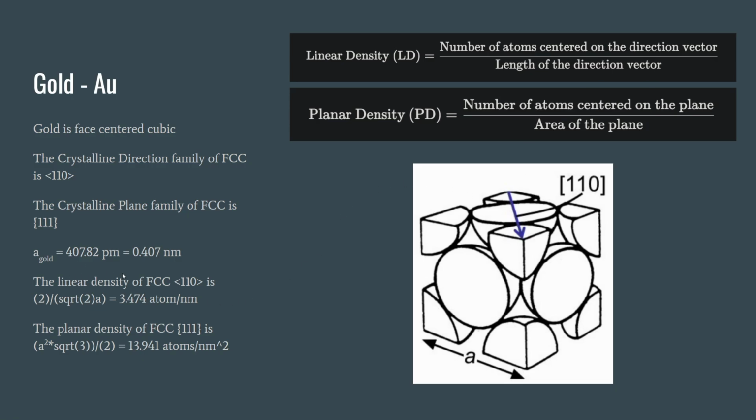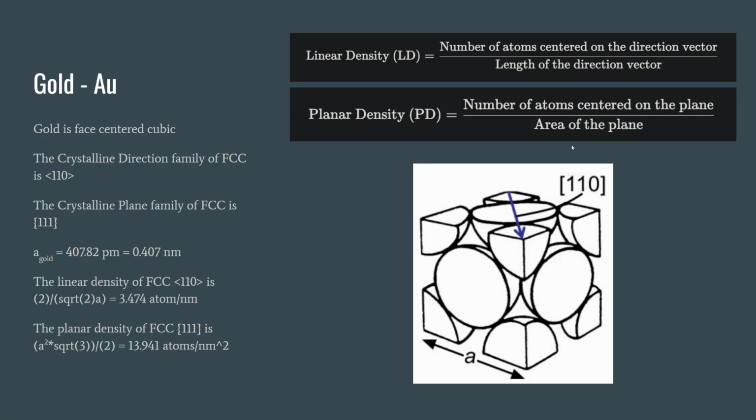Doing this for gold using its atomic radius of 0.407 nanometers, plugging into this equation that is derived using a bit of trigonometry on this triangle here, you get the linear density of 3.474 atoms per nanometer.